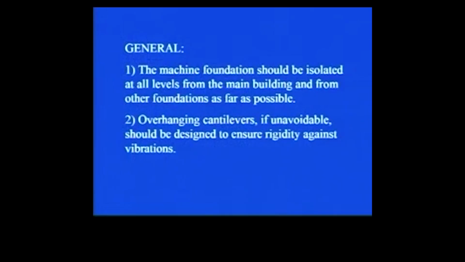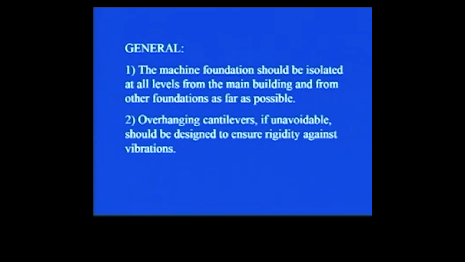That is why it has to be separated out or isolated at all the levels from the main building and the foundation of other structures. Then the second one is overhanging cantilevers, if unavoidable, should be designed to ensure rigidity against vibration.